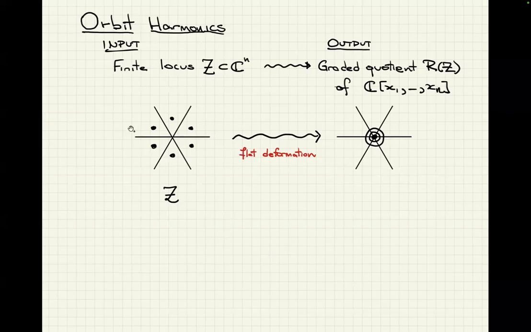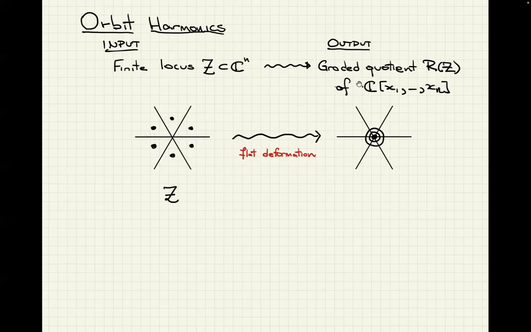And here I've drawn C^2, and I've drawn a locus Z consisting of 6 points. And this locus Z has a certain amount of symmetry to it. You might imagine these 3 lines, with reflections in those lines generating the symmetric group S3. And I at least attempted to draw my locus in such a way that it's invariant under those reflections.